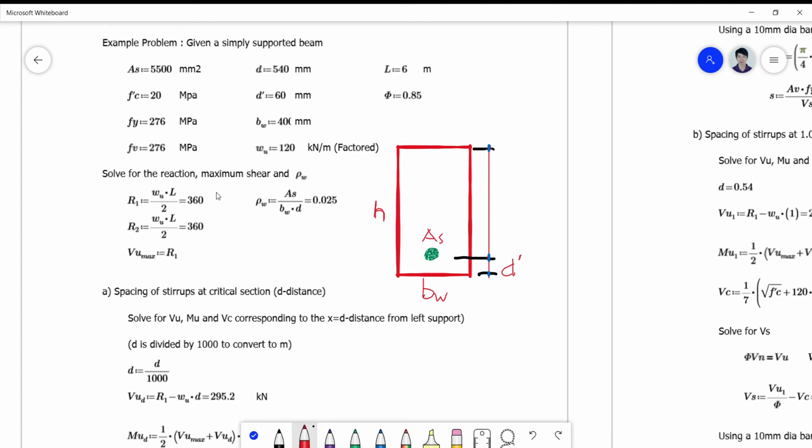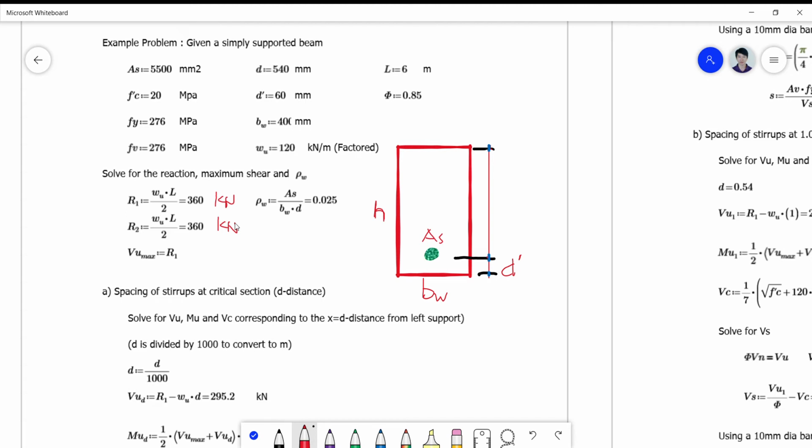These are both in the unit of kilonewton. For the maximum shear, the reaction will be equivalent to the VU max of your beam, which is equal to 360 also.